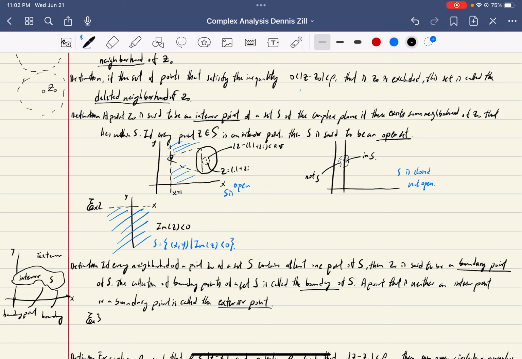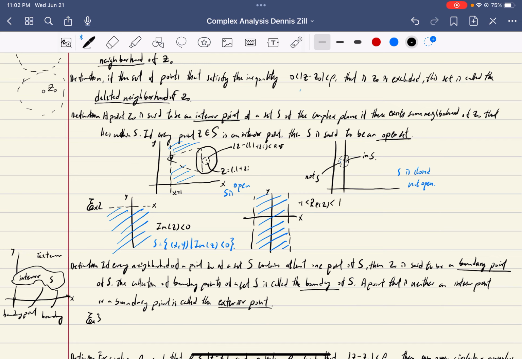Now we observe part B, this figure. The edges are not included, so only the colored parts are elements of S. This can be defined as, with -1 and 1 excluded, the real part of z is between -1 and 1.